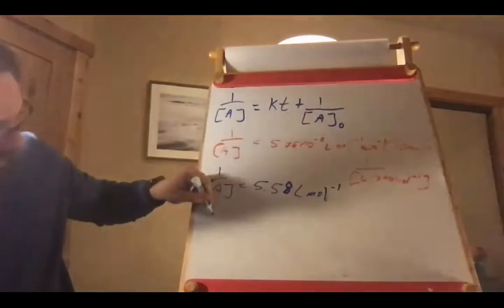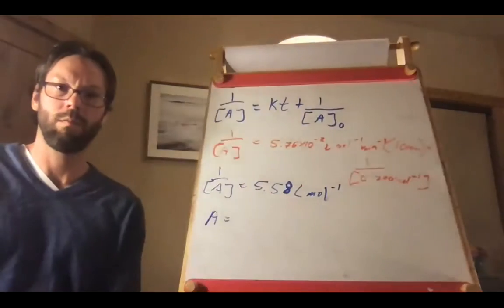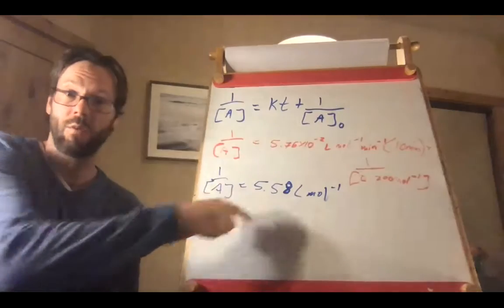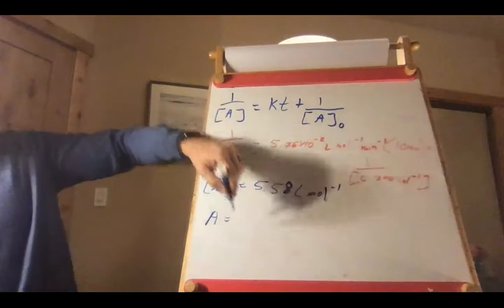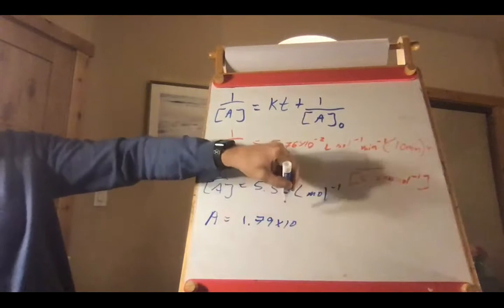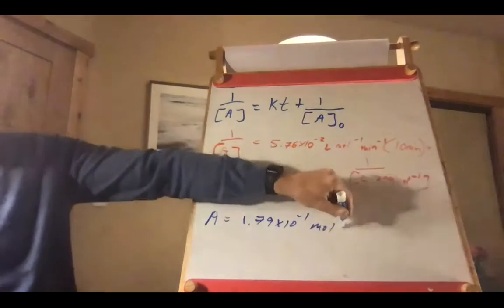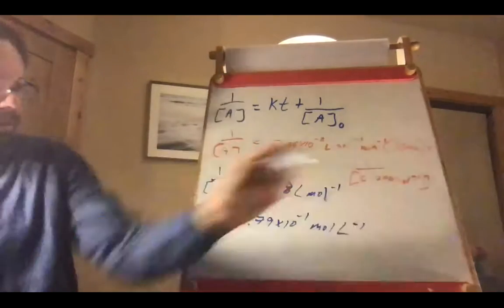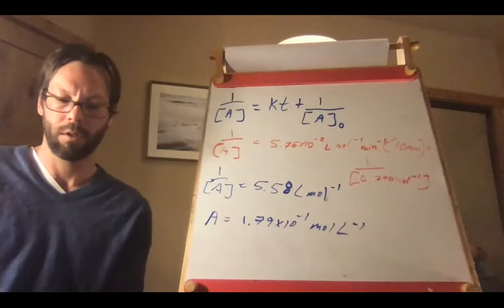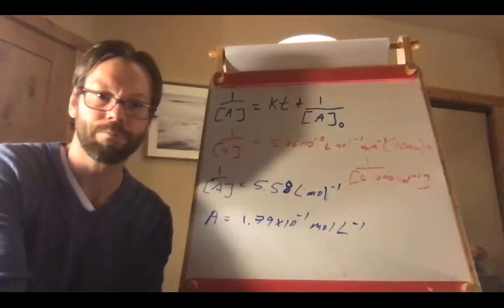So to get A, we just take the reciprocal of that. So 1 divided by 5.58. And that is 1.79 times 10 to the negative 1 moles per liter, or M. That's how we do second order.